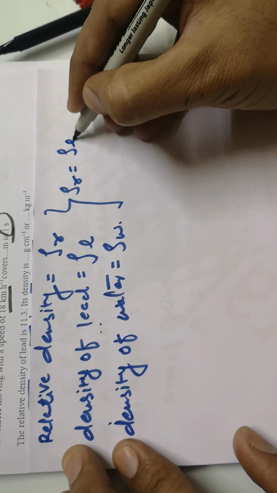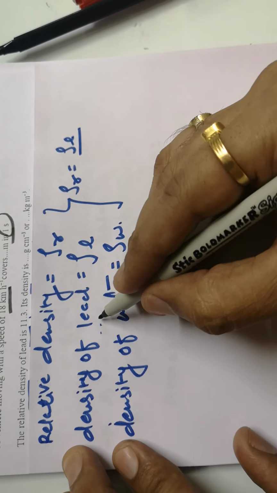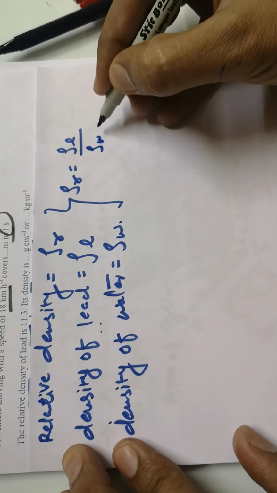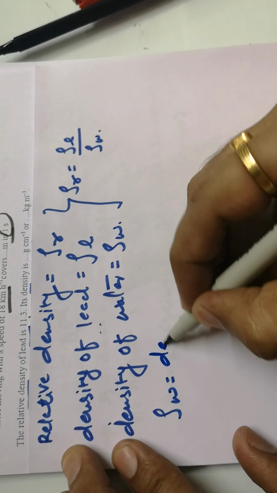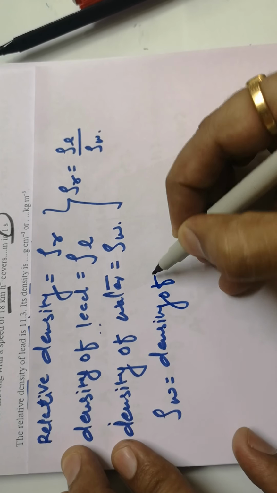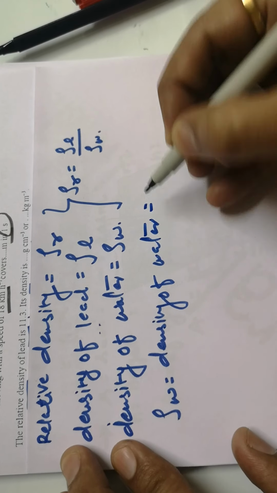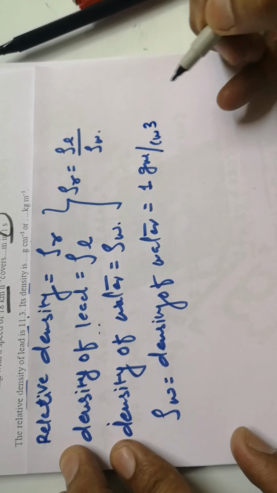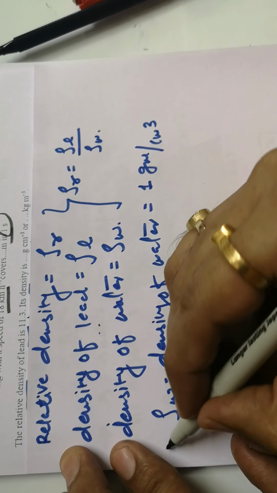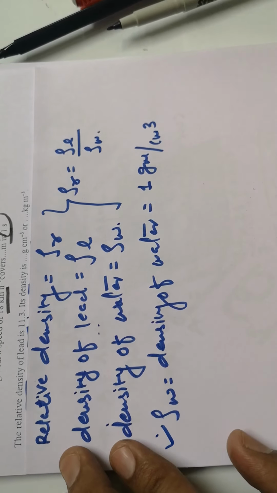It is called a ratio of whichever metal is given to you compared to the water. Always remember, the density of water is 1 gram per centimeter cube. This is the ideal value you have to remember.